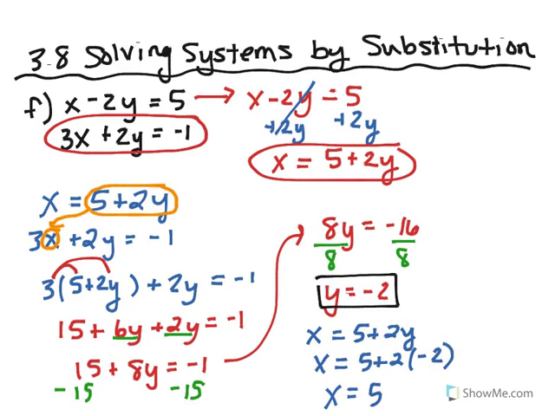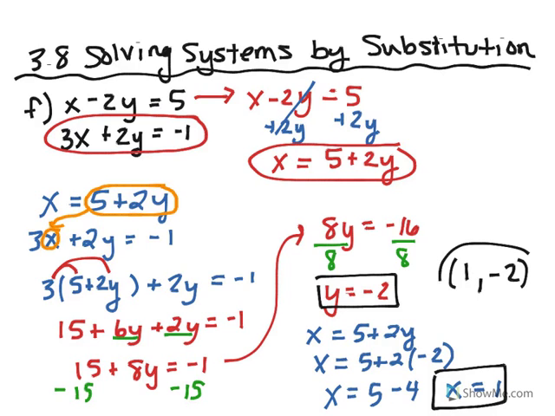Well, 2 times a negative 2 is a negative 4. So that gives me that x equals 5 minus 4, which is 1. And I can write that as the point x equals 1, y equals negative 2, or together as an ordered pair, 1 comma negative 2.